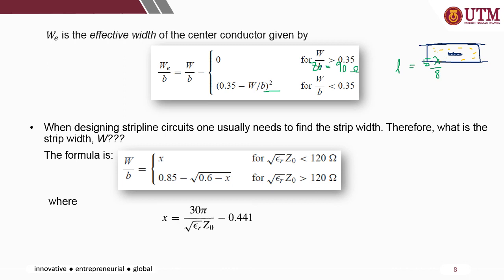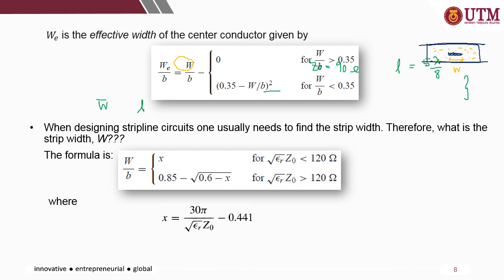Due to the different properties of the materials that the strip line is exposed to, we need the effective width. The width here is W, so We is the effective width due to the surrounding environment of the strip line.